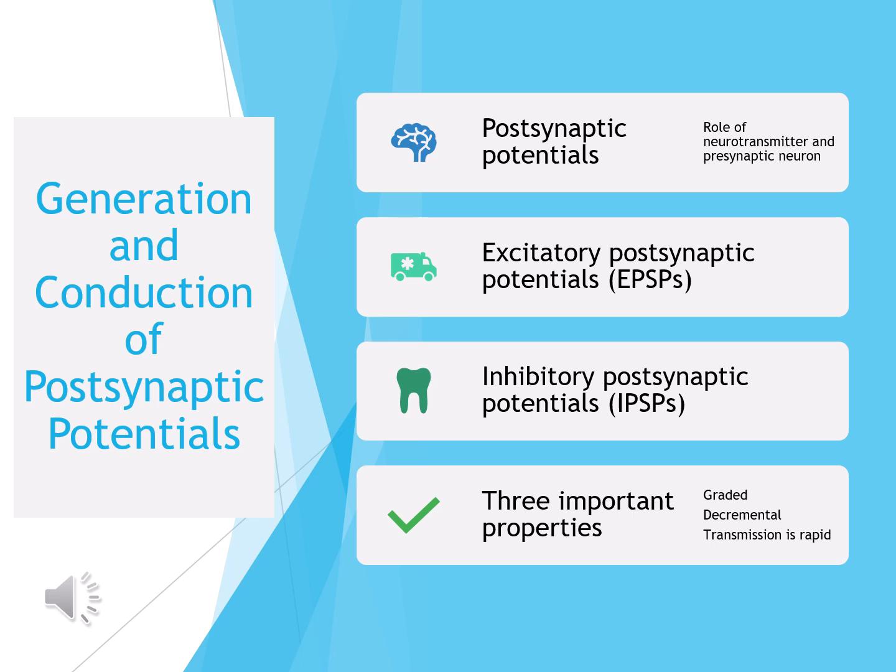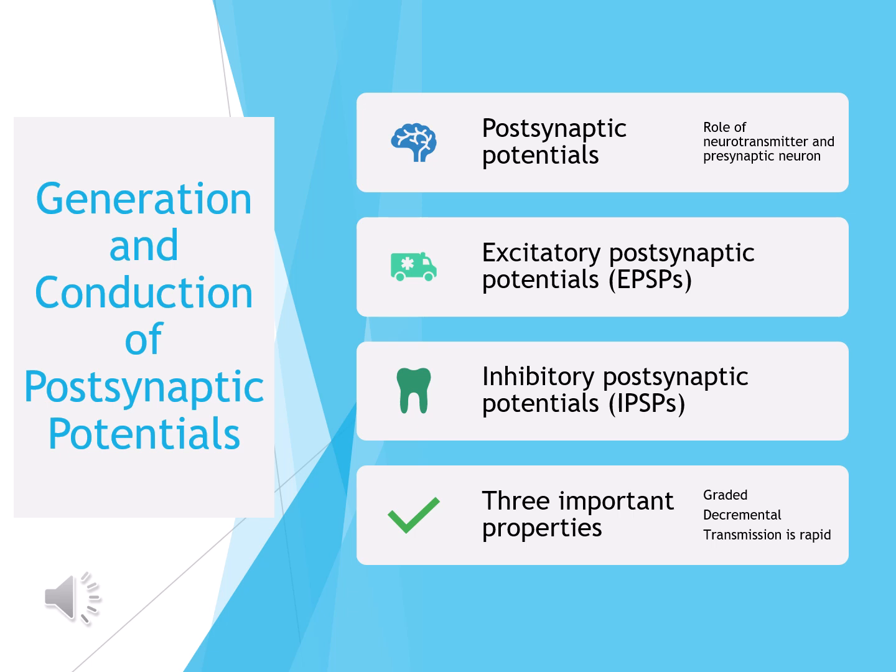When we look at the excitatory postsynaptic potentials, or EPSPs for short, these are depolarizations, and they increase the likelihood that a neuron will fire. The inhibitory postsynaptic potentials, or the IPSPs, are hyperpolarizations, and they decrease the likelihood that a neuron will fire.